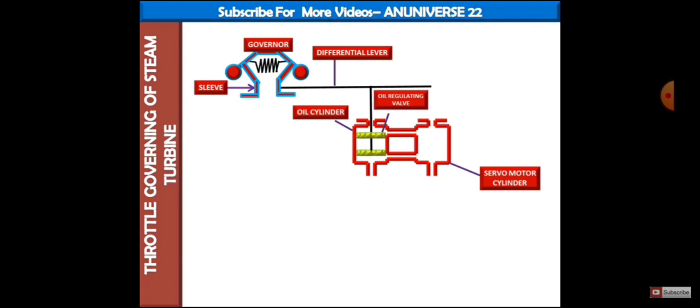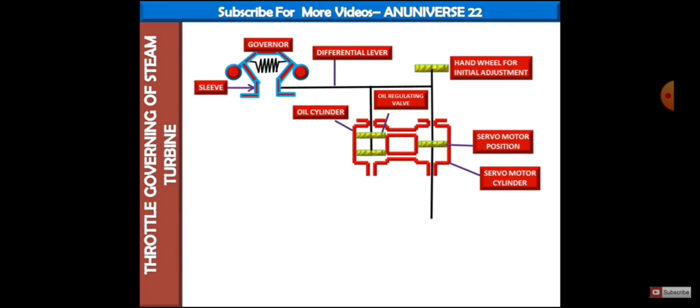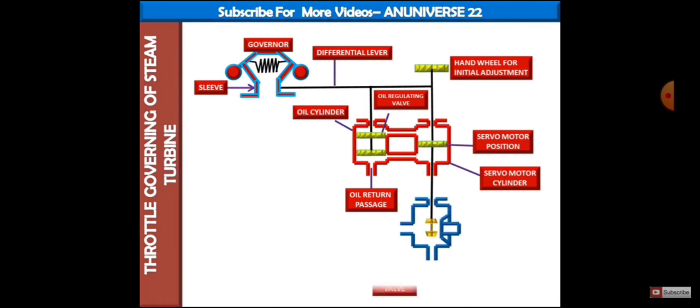This is the oil regulating valve. This is the hand wheel for initial adjustment. This is the servo motor position, and this is the passage for oil return. It is the throttle valve, and this is the path for steam through which it enters, and from here steam goes out.